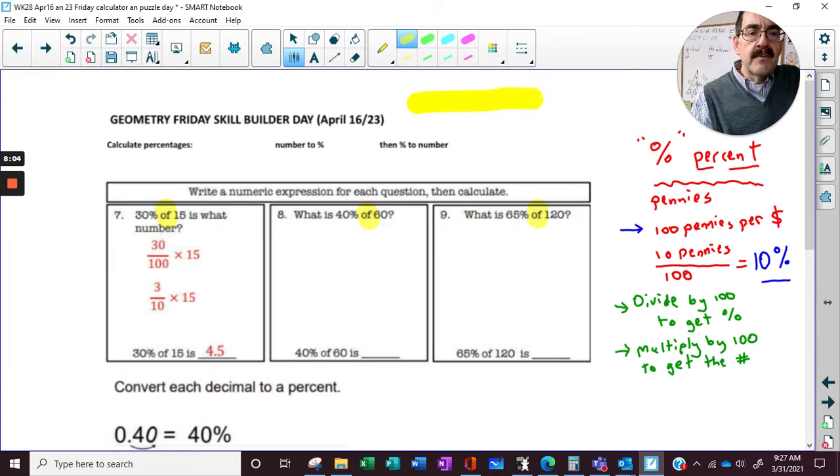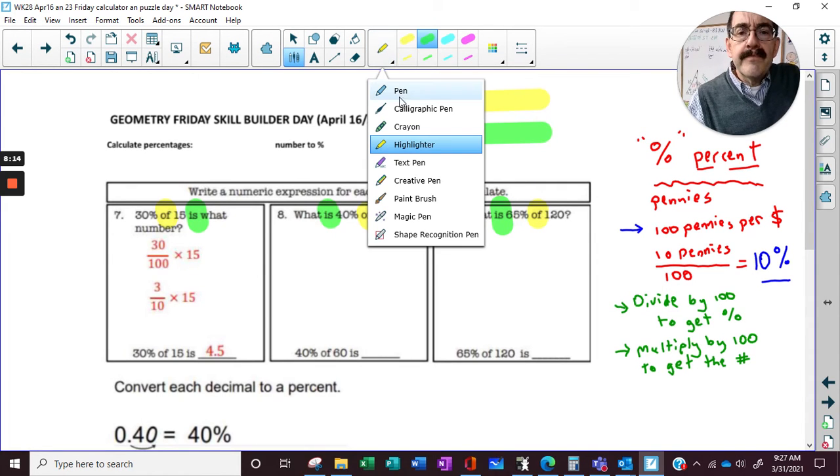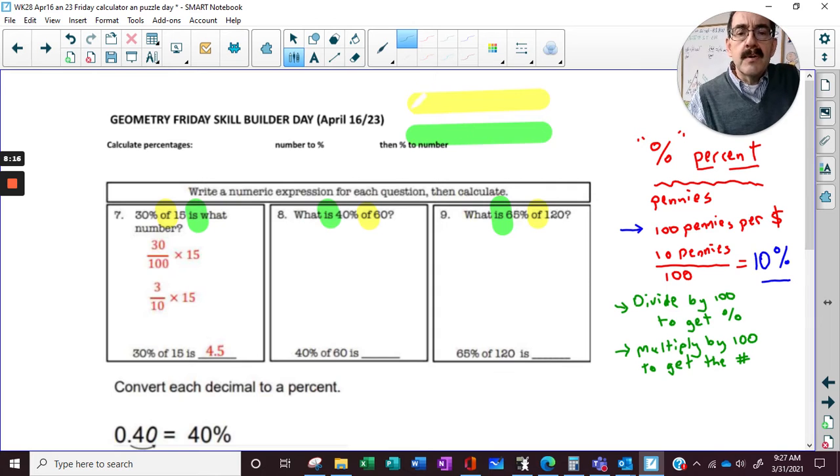What does "of" mean? What does "is" mean? Okay, so "of" in math means multiply.